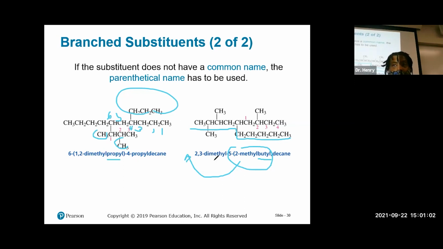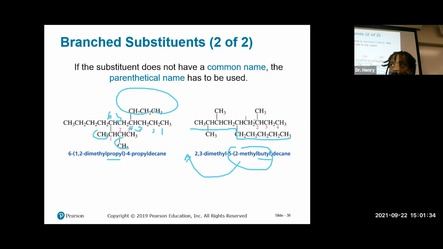So if I were naming it, in this case, longest chain, shortest length, so 1, 2, 3, so 2 would be the shortest. So then 2, 3, dimethyl, I'd put that in the back. And then this guy would be off of the 5th carbon, right? So 1, 2, 3, 4, a 4 carbon chain is butyl.